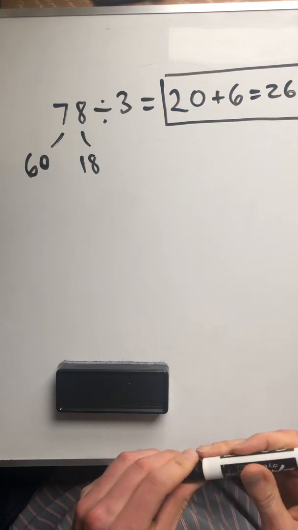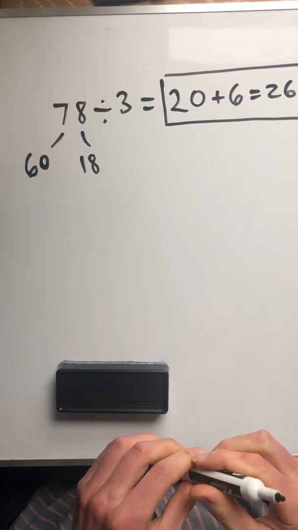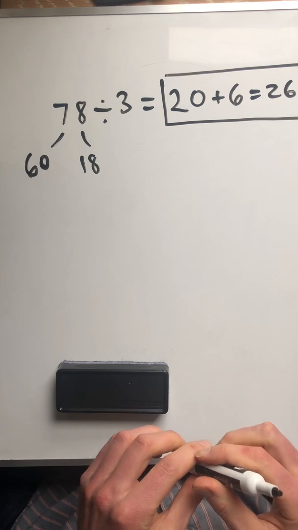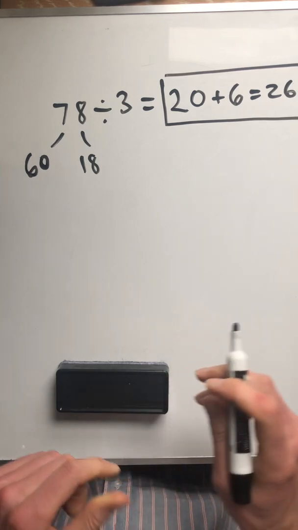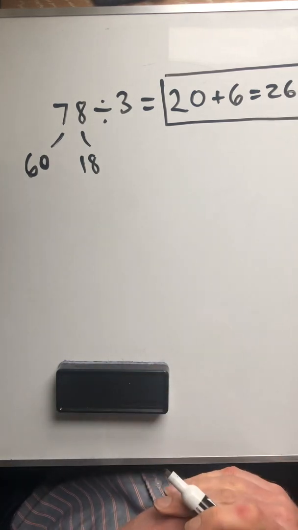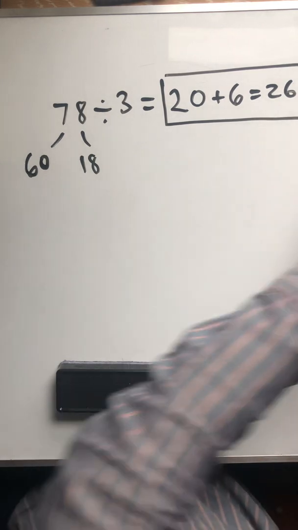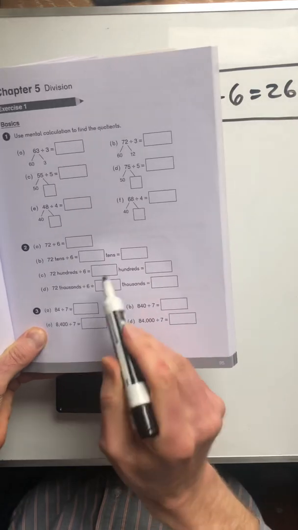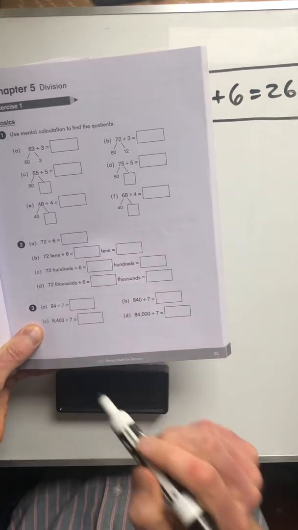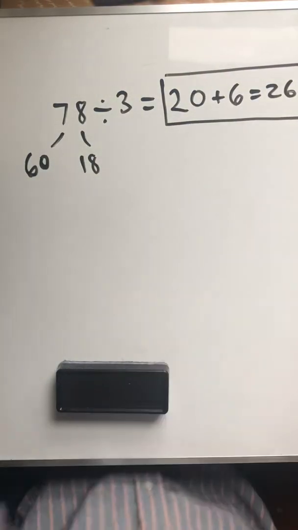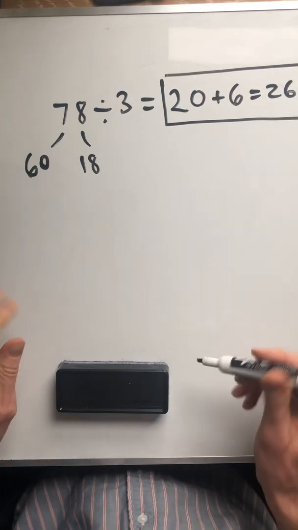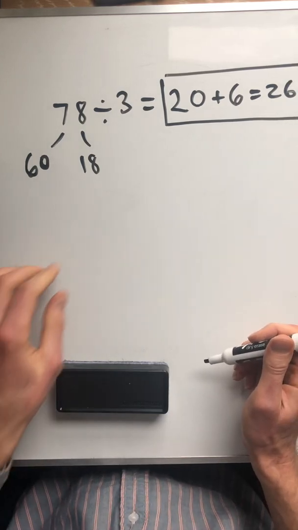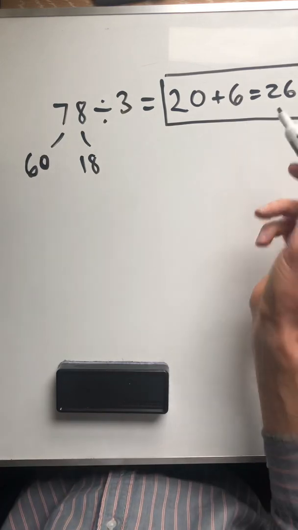So, okay, I'll do something else too. So that's how you solve these problems. But what about these problems? This is just what we already did. Let's pretend that was this one, 78 divided by 3. We just did it, it's 26.